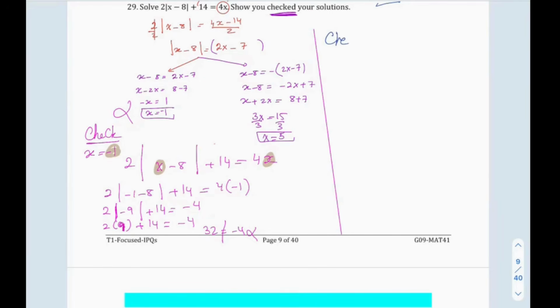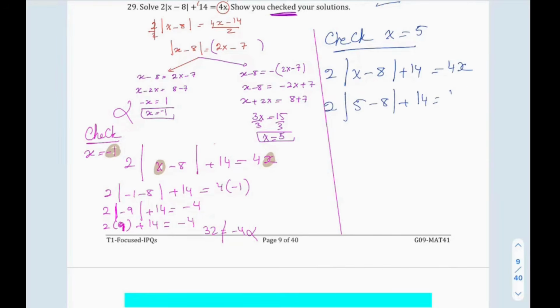Now checking x equals 5 in the original equation. Again, this is the original equation. Let's check. 5 minus 8 is -3.